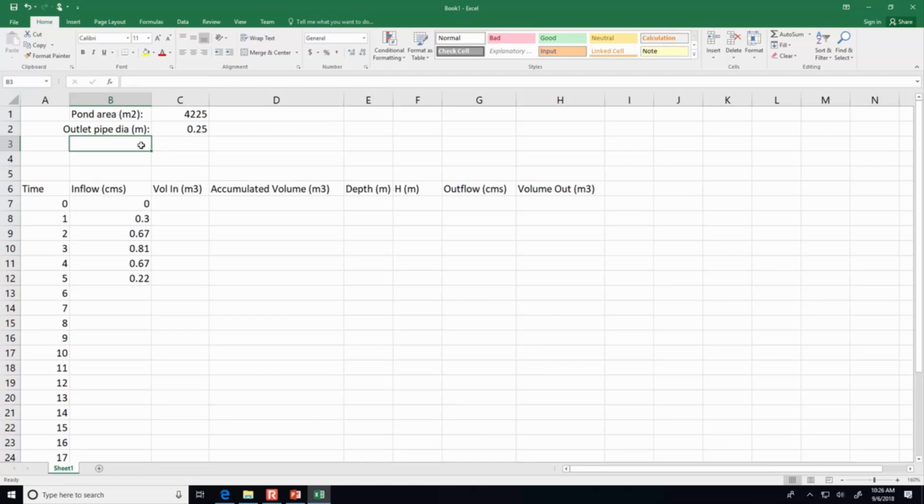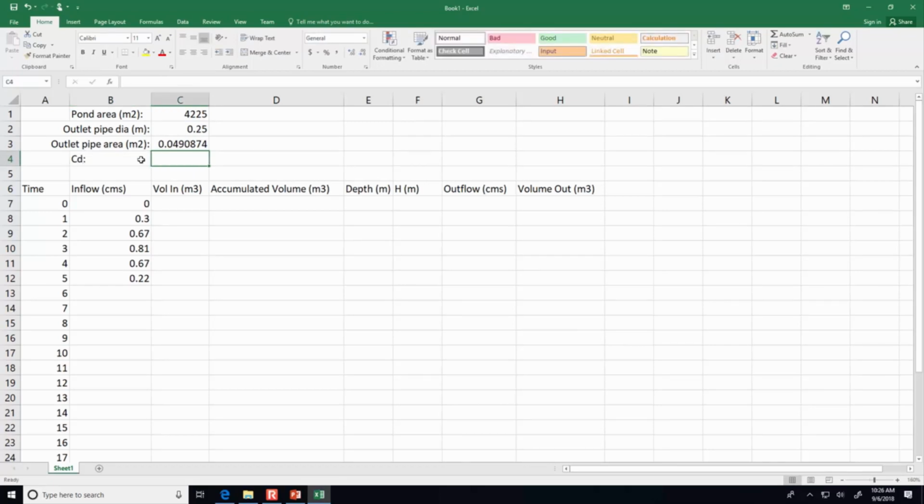And let's calculate the pipe area from that. We're doing pi times d squared divided by 4. Okay, it gives us the pipe area. And the C sub d is the coefficient of discharge.